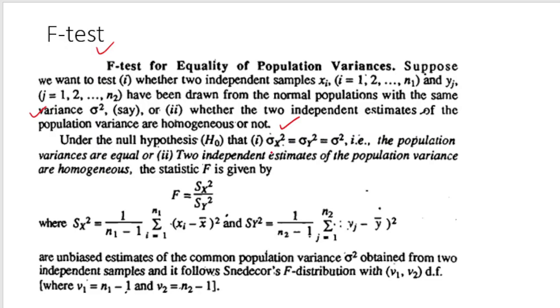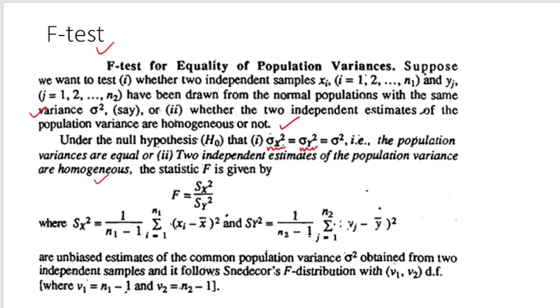Under the null hypothesis, sigma x square, the population variance estimated through the first sample, and the variance that we are calculating through the second sample, are they equal or not? It means the population variances are equal or not, or the two independent estimates of the population variance are homogeneous or not.